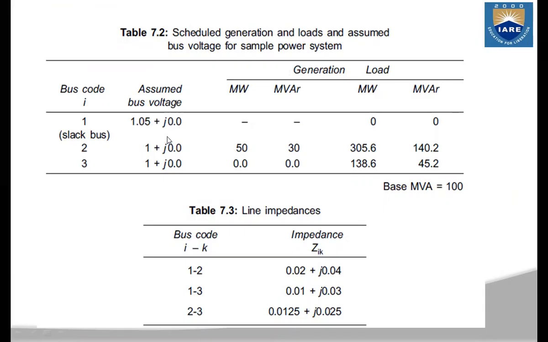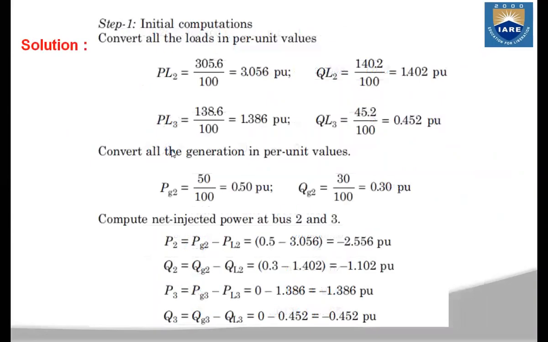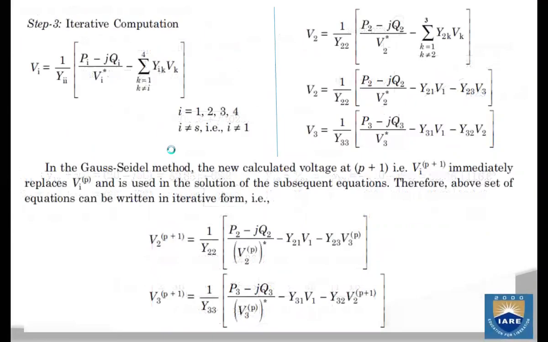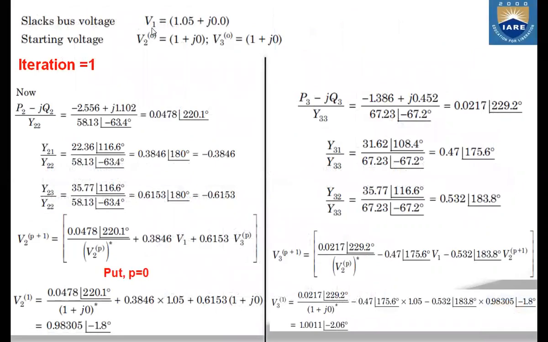Similarly, the assumed voltages for the second and third bus are given as 1 plus j0, so you use those values. The slack bus voltage V1 is equal to 1.05 plus j0. This slack bus voltage doesn't change in subsequent iterations, so it is constant for all iterations.